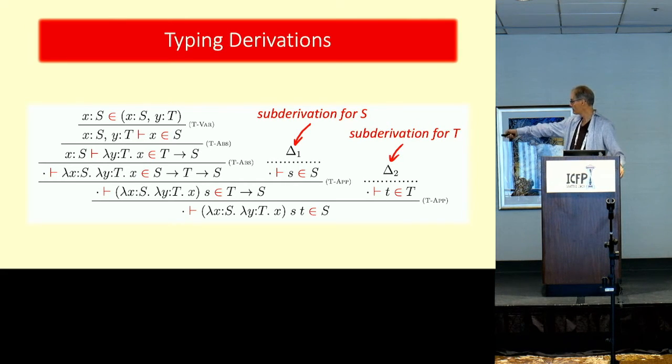And we do that by noticing that the abstraction, lambda x, et cetera, the body of that abstraction has type T arrow S if we assume x has type S, and going up the tree until we get to the top and terminate that branch of the tree with the use of the variable rule, looking up x in the context.